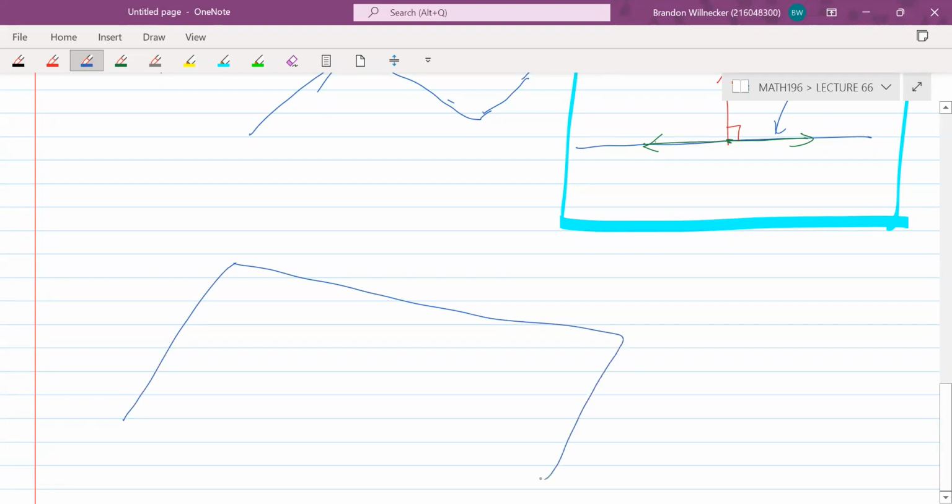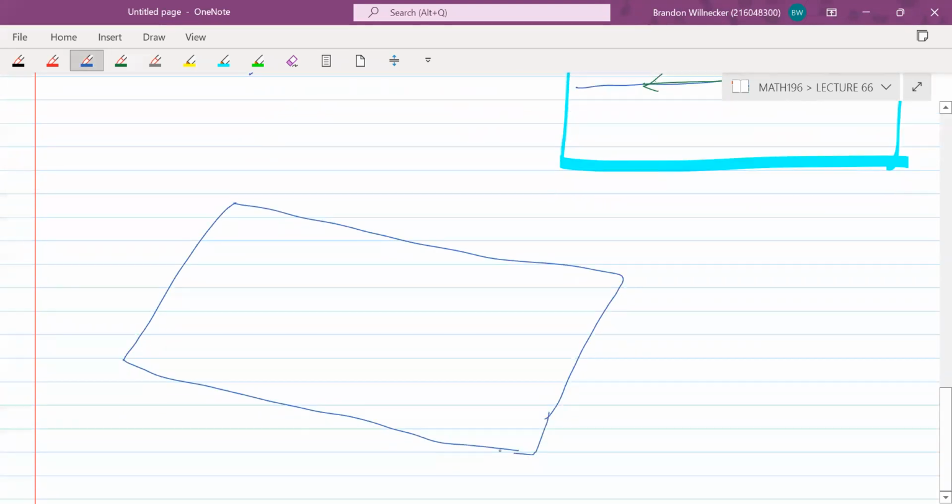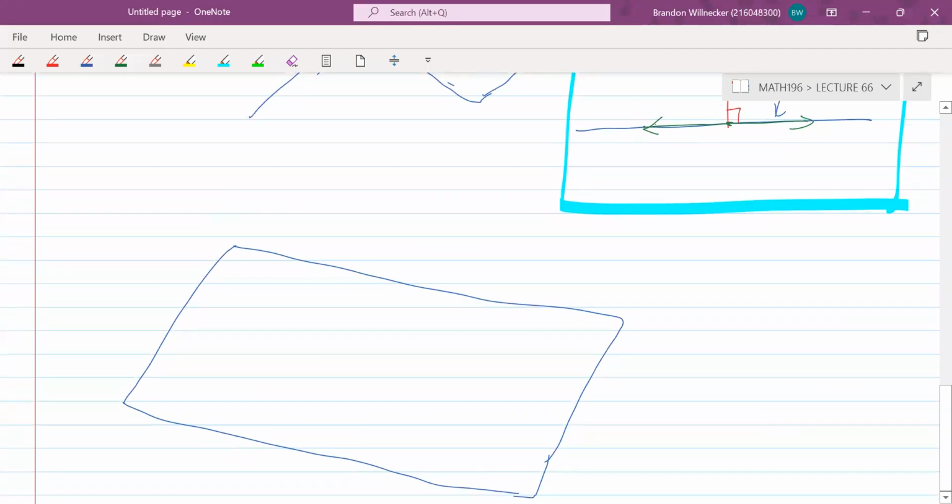Let's start again. We've got this plane, and what we need to do is generate some vectors in the plane. And then we're going to use that to construct the normal. And once we have the normal, we can find the equation for the plane. Okay, so let's say we've got this point here.